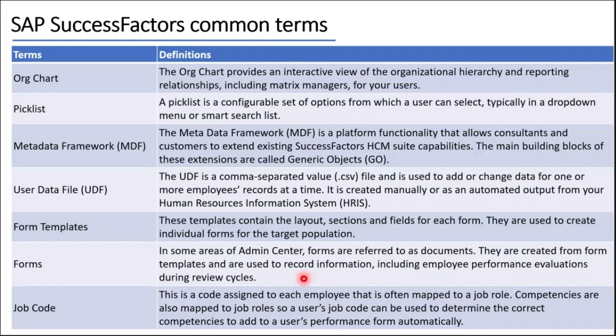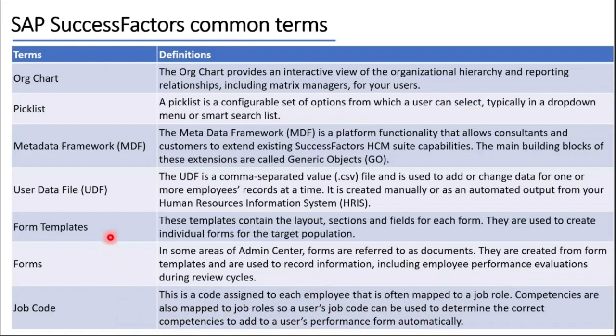Job code. This is a code assigned to each employee that is often mapped to a job role. Competencies are also mapped to job roles. So the user's job code can be used to determine the correct competencies to add to a user's performance form automatically. But job codes and performance form templates are part of the performance module.